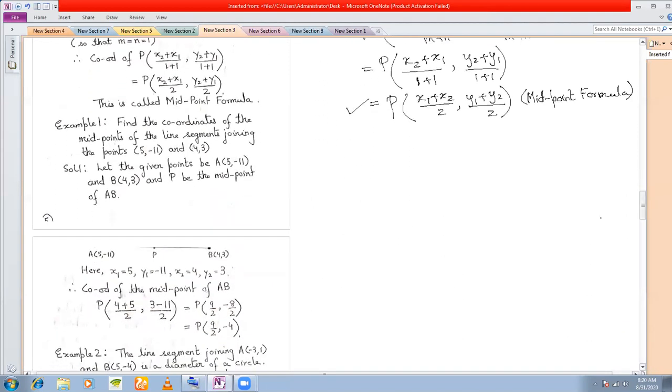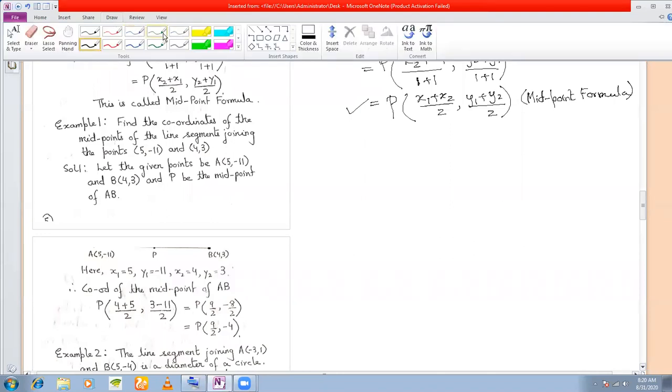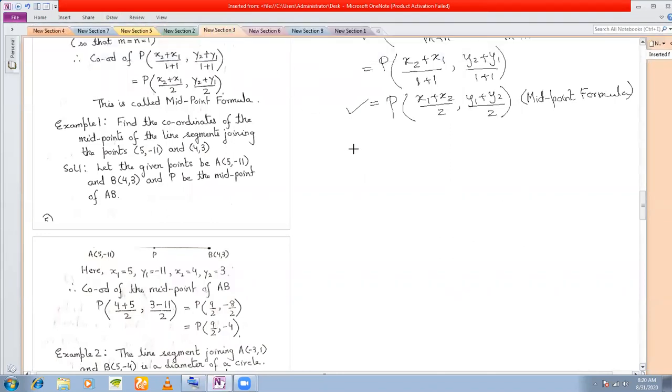Look at example 1. Find the coordinates of the midpoint of the line segment joining the points 5, -11 and 4, 3. No need to draw the line here, but since this is the first example, I'll be drawing a straight line and illustrating this.